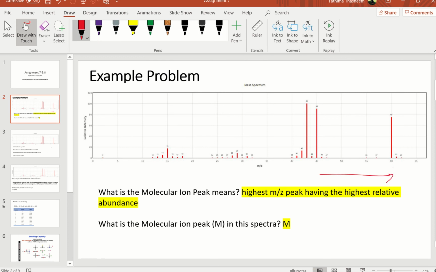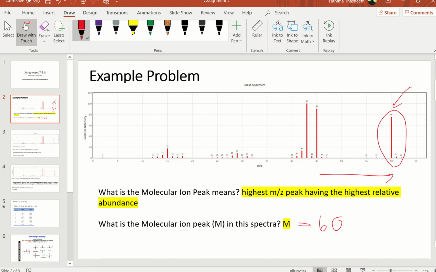At the right we see there are 3 peaks, but the definition says the highest m/z peak having the highest relative abundance. Based on that, the highest relative abundance is for the peak at 60. So we call the molecular ion peak, denoted as capital M, 60. So the first thing is identifying the molecular ion peak.